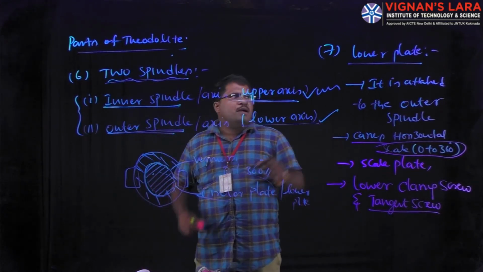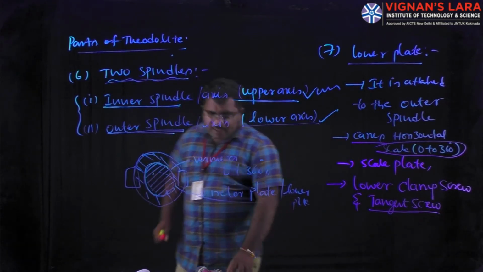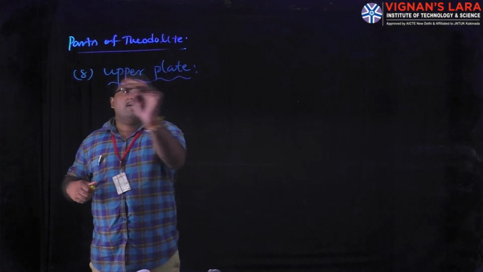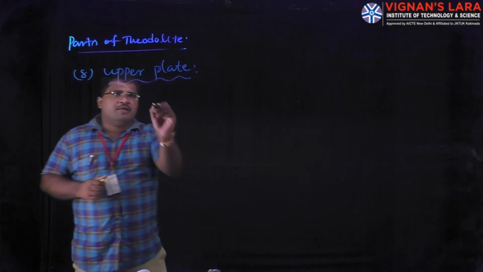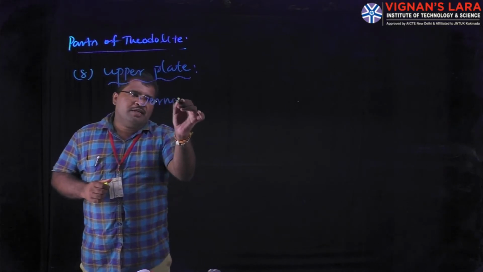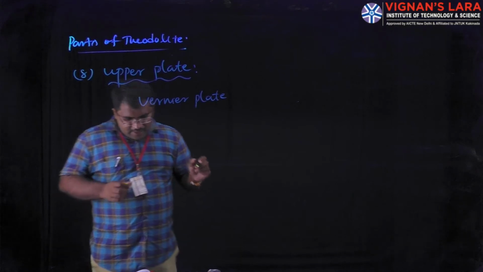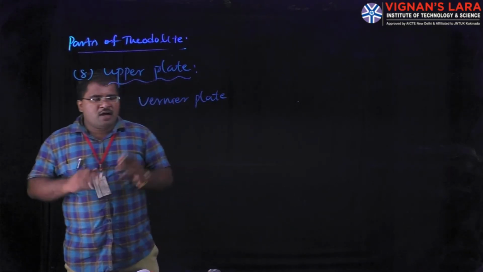The next part is the upper plate. This upper plate, or we can call it the vernier plate, is attached to the vernier scales on either side.